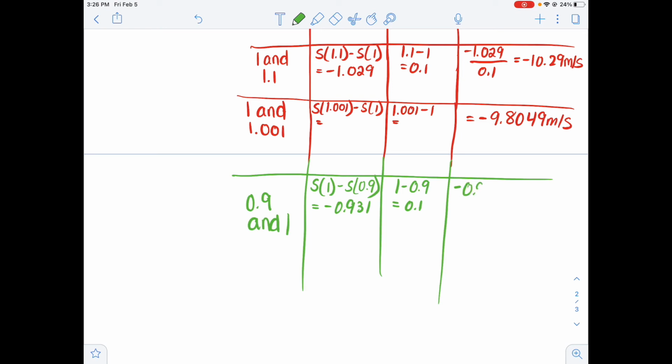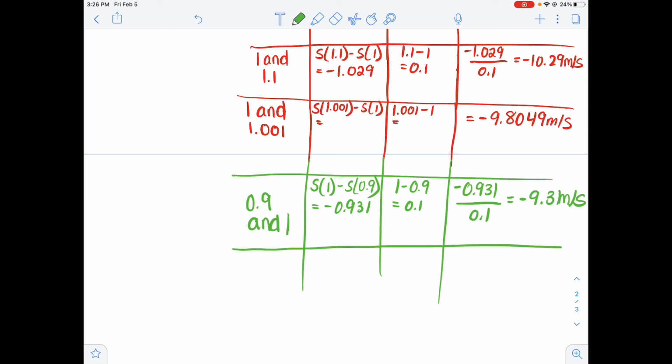So rise over run, 0.931 divided by 0.1 will equal negative 9.31 meters per second. Okay, that's looking pretty close.